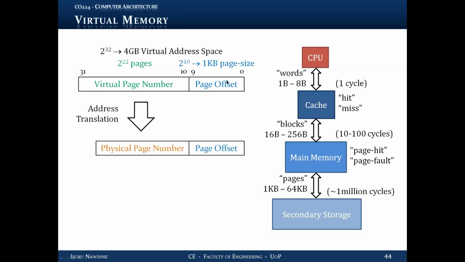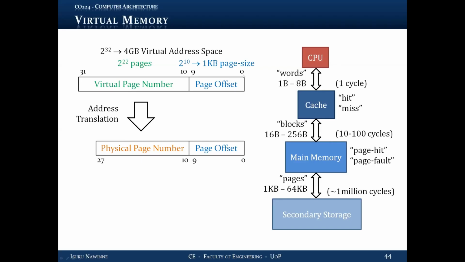Then we need to translate this address into a smaller address, a physical address with a smaller number of bits, where a certain number of more significant bits are called the physical page number, and we still have a page offset with the same number of bits as the virtual address, right?